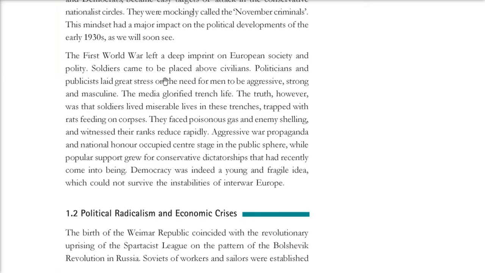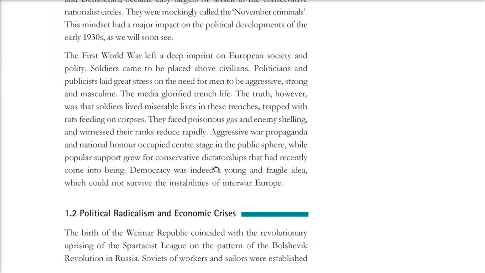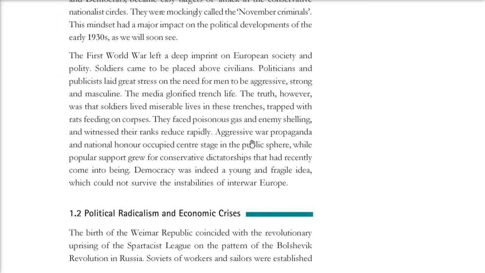Media also glorified their life. The men who were living in trenches were glorified. But in reality, they faced poisonous gas and enemy shelling, right? So there was aggressive war propaganda and national honor, nationality, grew up.